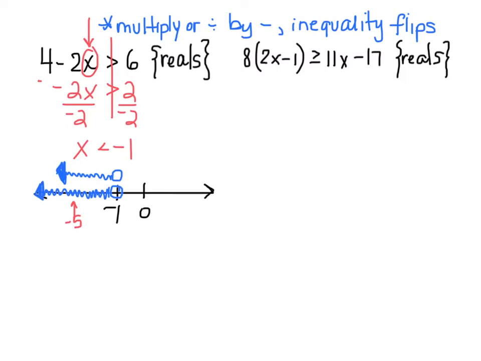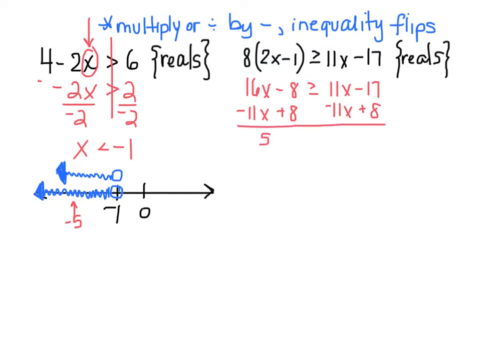The next one I'm going to distribute first, and I'm going to get 16x minus 8 is greater than or equal to 11x minus 17. I always move the variables first, so I'm going to subtract the 11x. I'm going to add an 8 to the other side and get it all done at once. 16 minus 11.